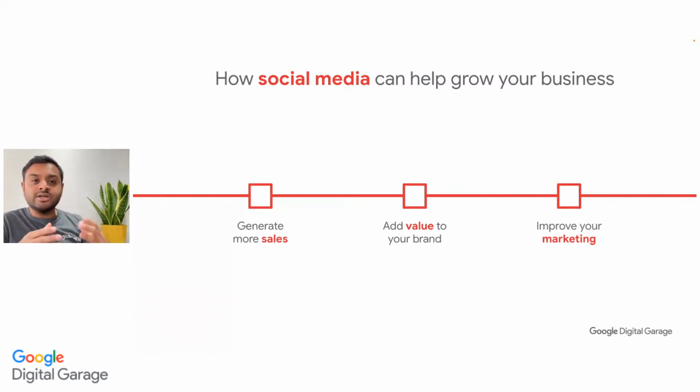You might have heard of that phrase, attention economy. And that really applies to the world of social media, because a lot of us are spending time on social media platforms. So from a business perspective, that's a lot of attention. That's a lot of eyeballs that are viewing these platforms. So we can lean into that and actually think, oh, maybe I can promote my business or my product or service offering through these platforms as well.